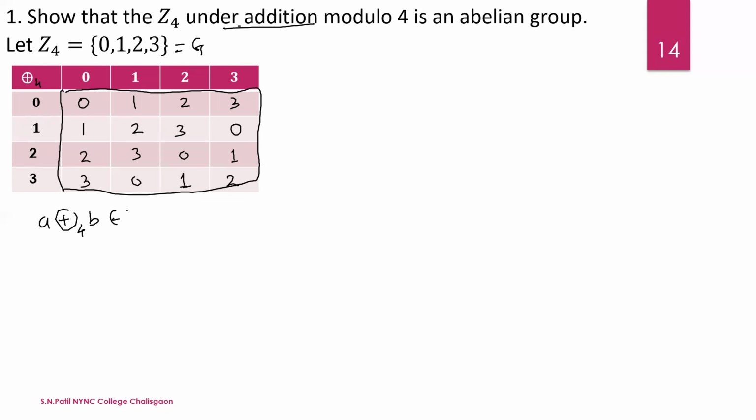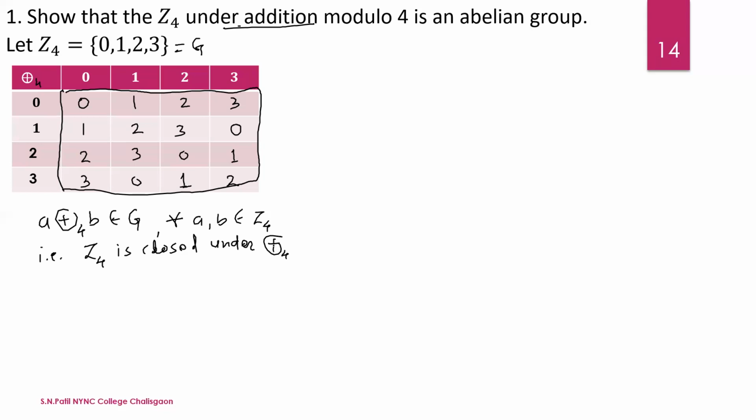G means Z4. That is, A plus B belongs to G for every element in Z4. Take any two elements, we get a number which again belongs to Z4. Okay, that is, Z4 is closed under addition. Now the first property is satisfied.